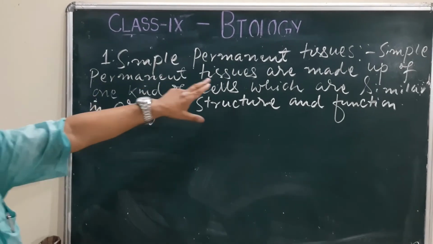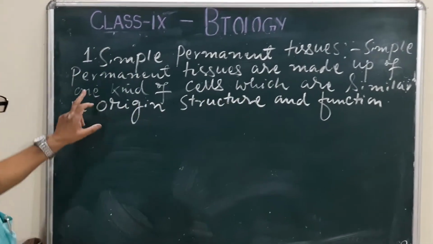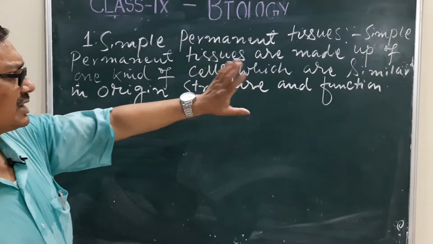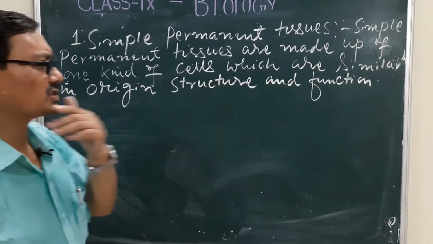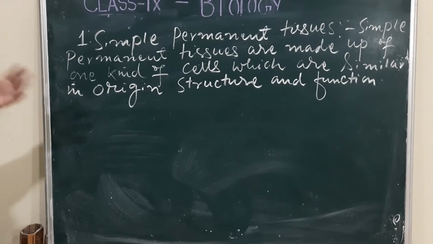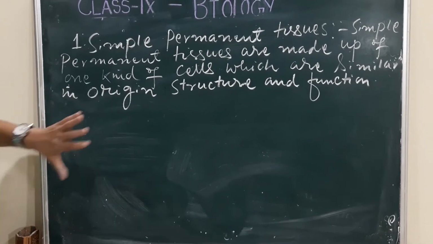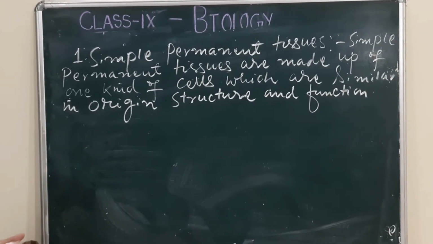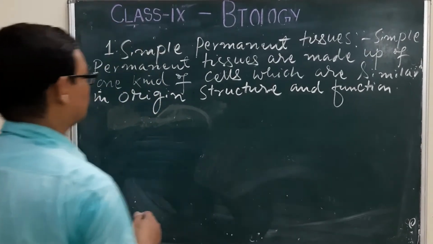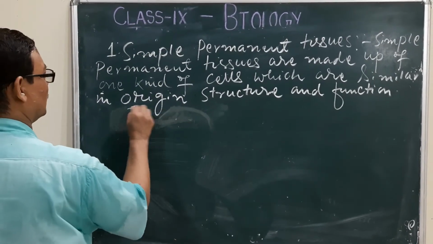Simple permanent tissues are made up of one kind of cells which are similar in origin, structure and functions. Now, what are its types and which are included in your syllabus? Those will be discussed.